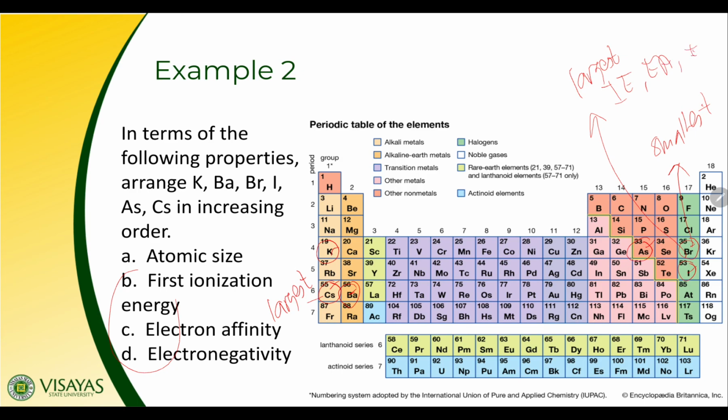On the other hand, we expect the one on the bottom and to the left to have the smallest first ionization energy, electron affinity, and electronegativity. So that's it for the periodic trends.